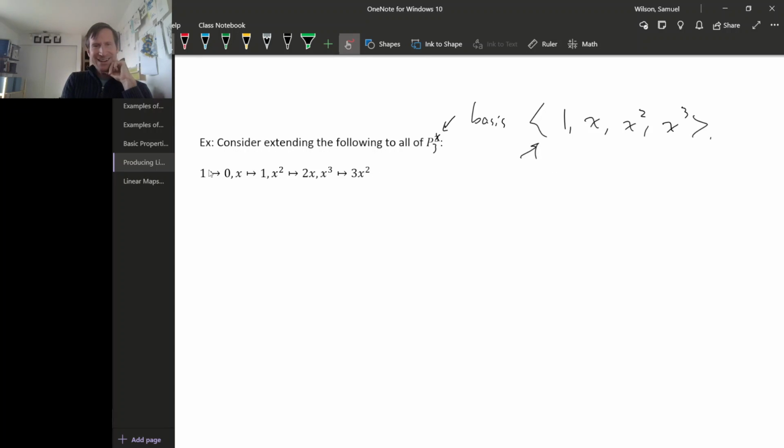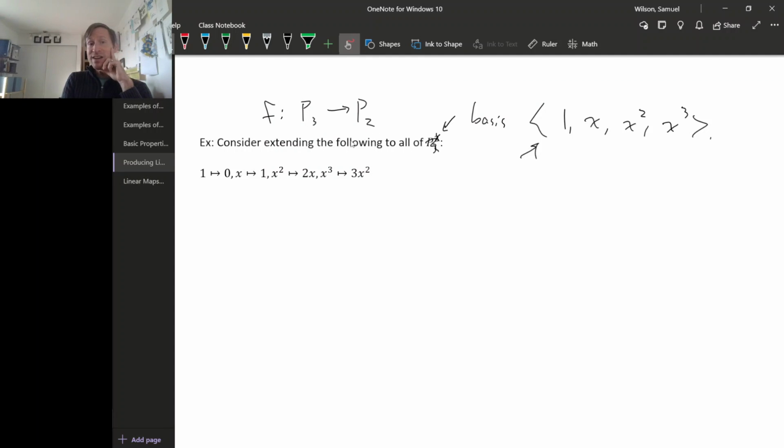I didn't say what our range space should be. So we're defining a homomorphism that for now I'll call f. This is from P3 to, we could regard it as a homomorphism to P3 or to P2. But for now let's say P2.